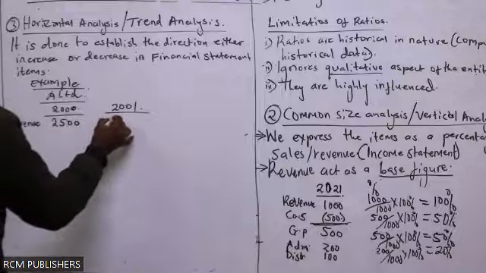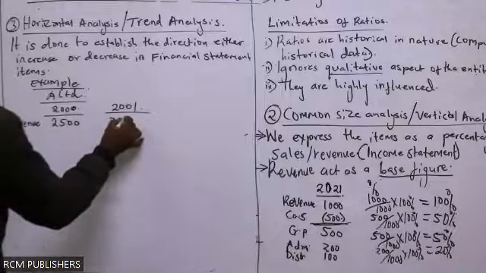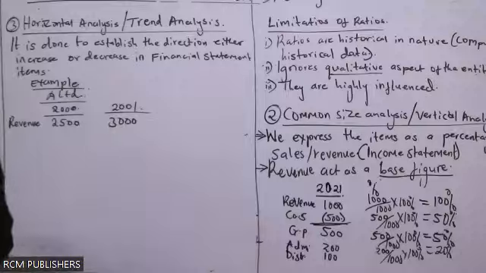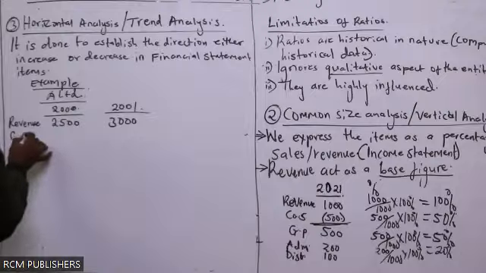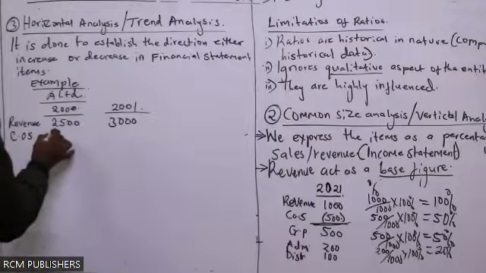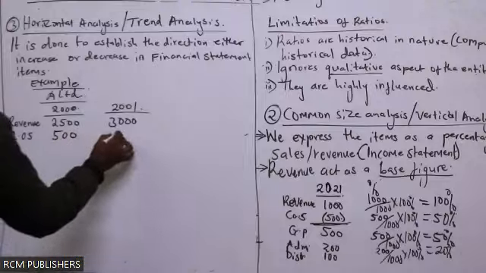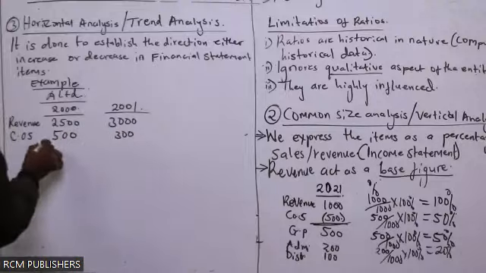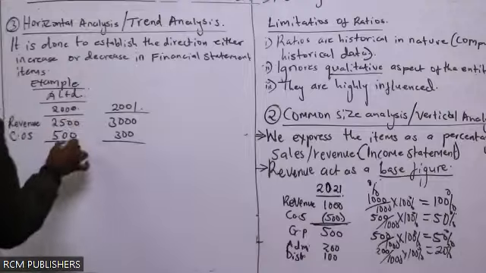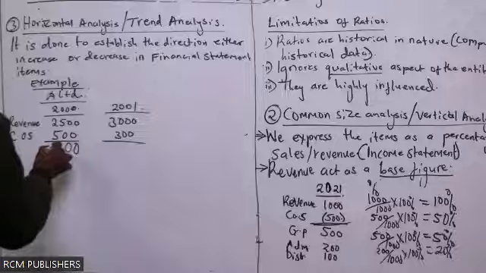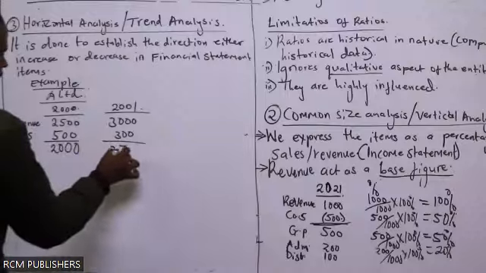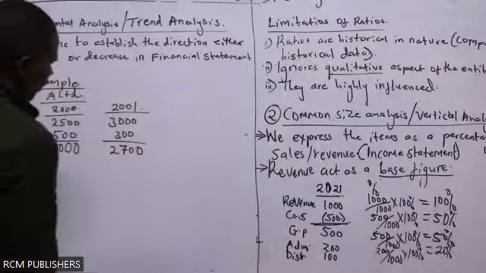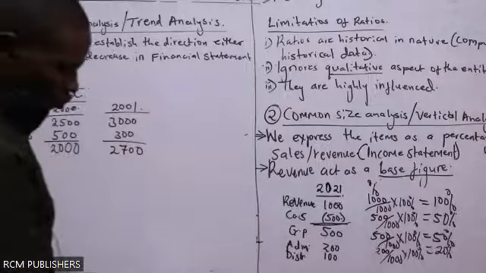Then here we have revenue of 3,000. Then cost of sale, maybe 500, but here 300. Then our gross profit will be 2,000 here, and 2,700 here.